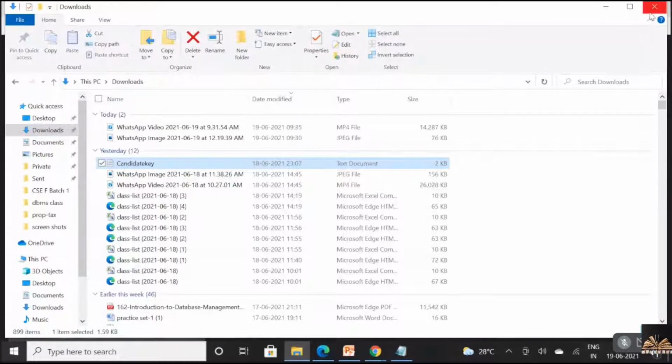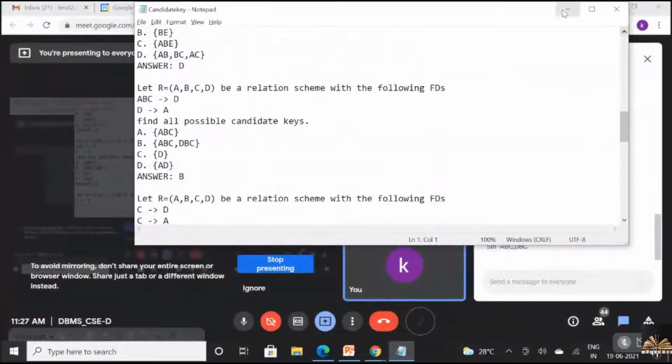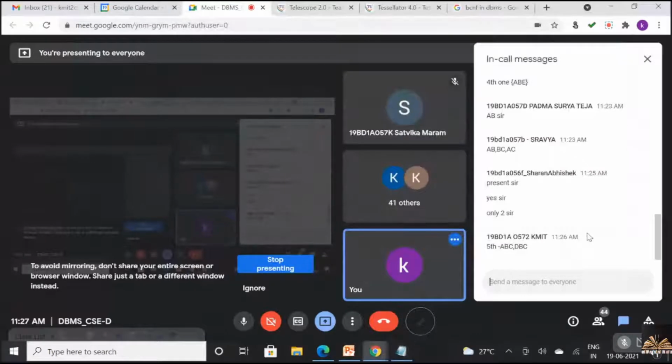Right? It's correct. Any problems while you're working with finding candidate keys, all of you?